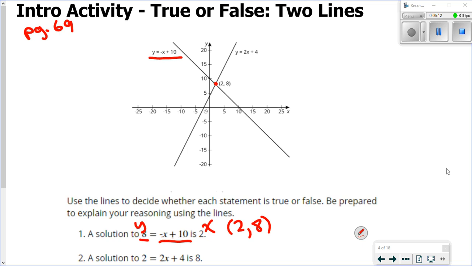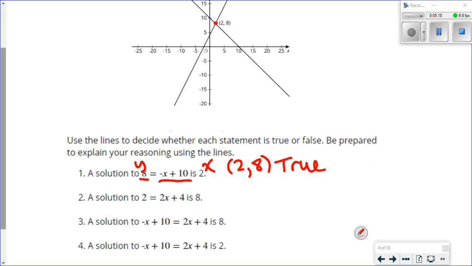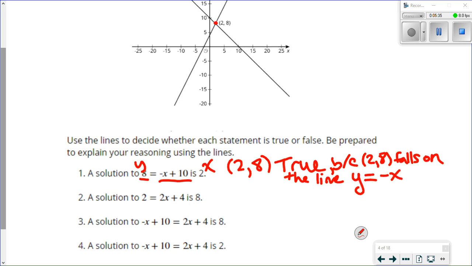So for question 1, I could say this holds true because (2, 8) falls on the line of y equals negative x plus 10. If you did not have that for question 1, go ahead and add it to your notes now.